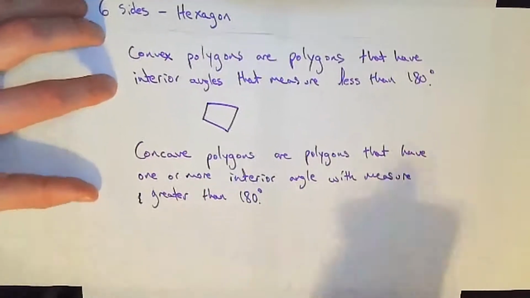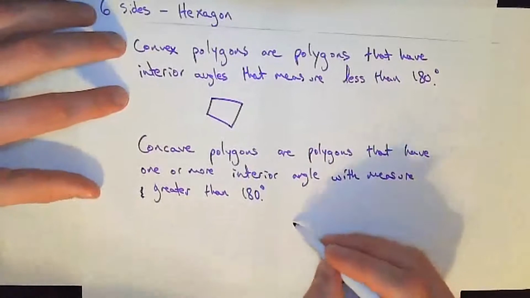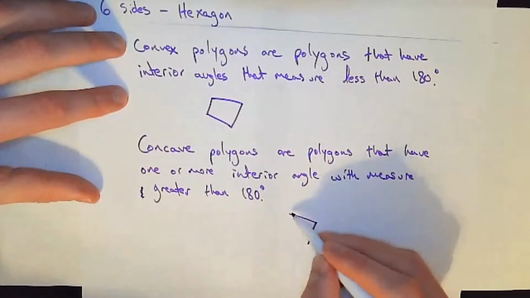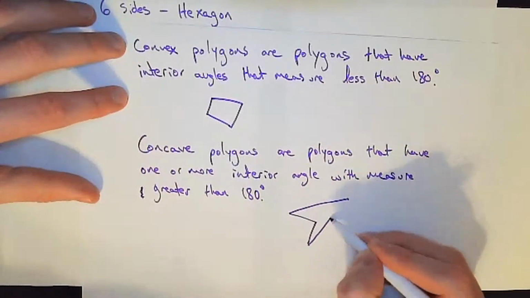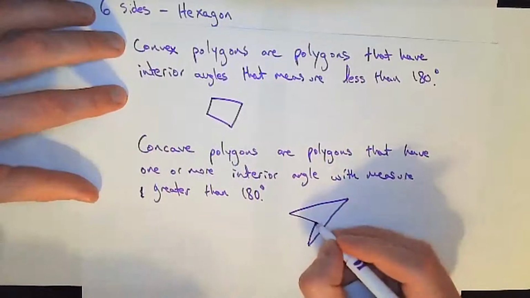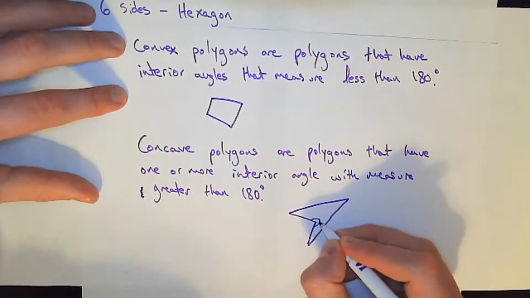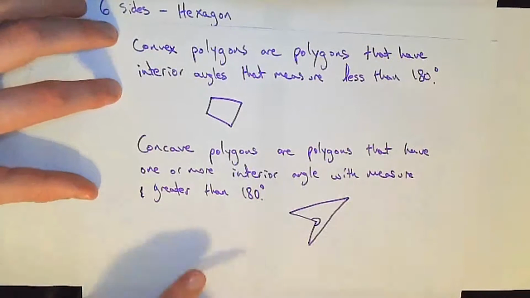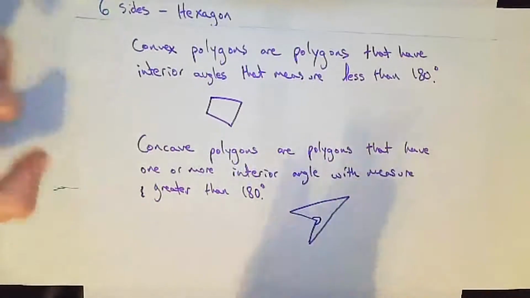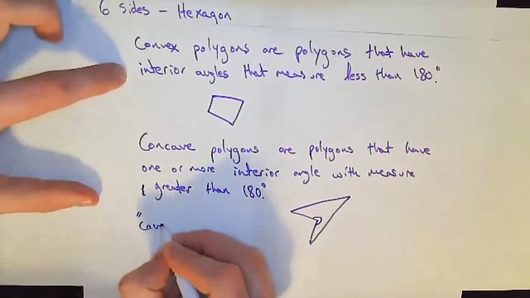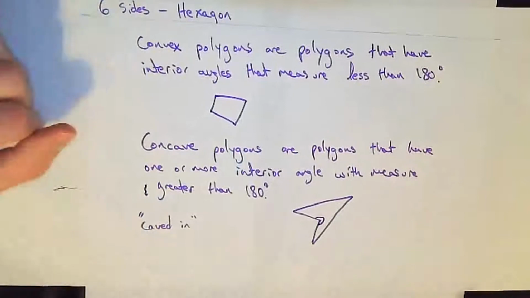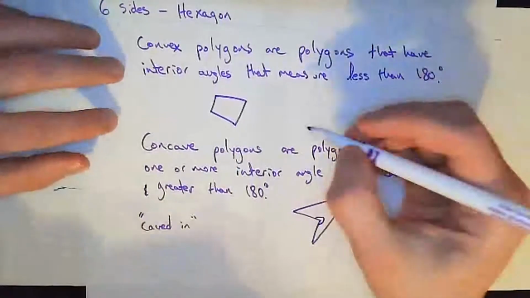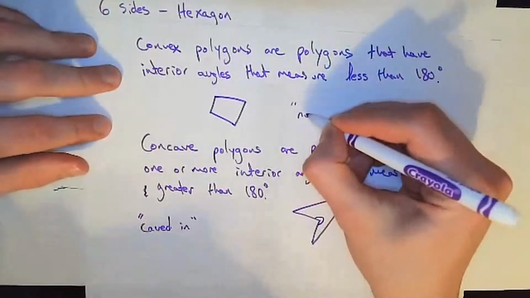What do I mean by that? It has some angle interior to the shape. This is an interior angle right here that's greater than 180 degrees. See how it's concave? It's caved in. That's the way to remember it. At least one side is caved in, whereas a convex polygon has no sides caved in.